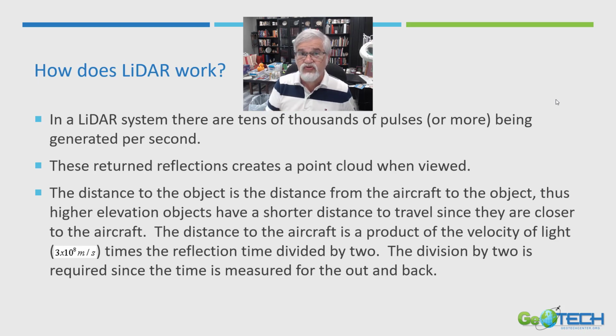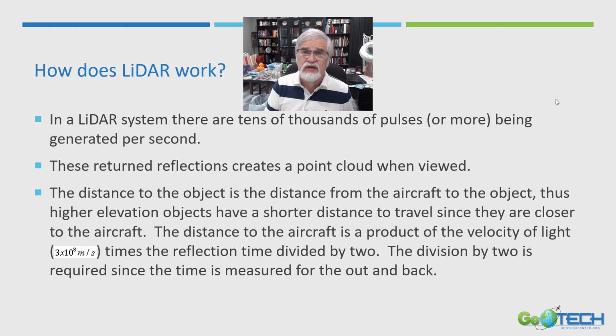Those pulses that go straight down and straight back, the primary pulses that we have, are then measured to determine the distance. We also will have secondary pulses that will come back, and they can be measured to determine other factors.